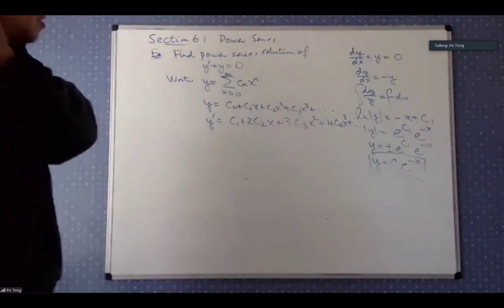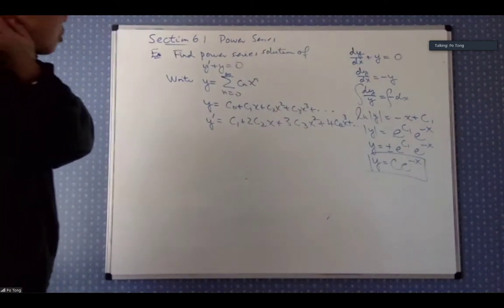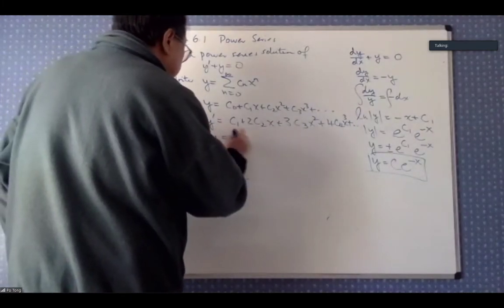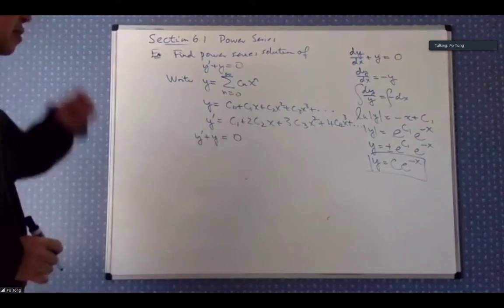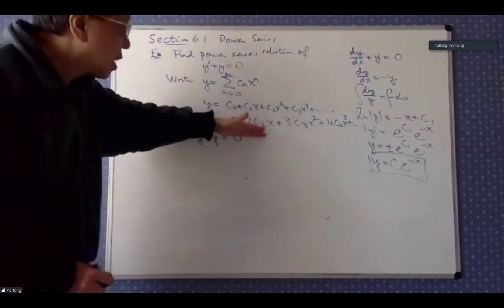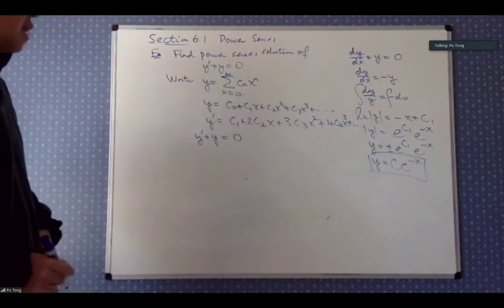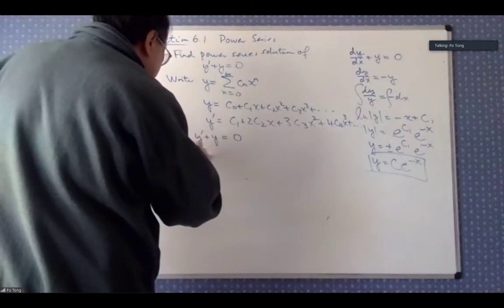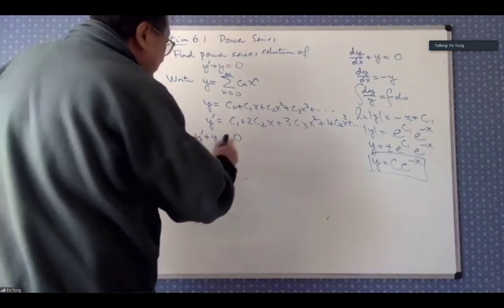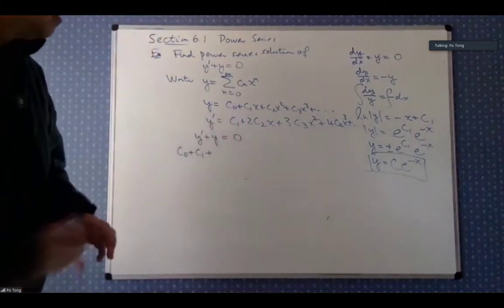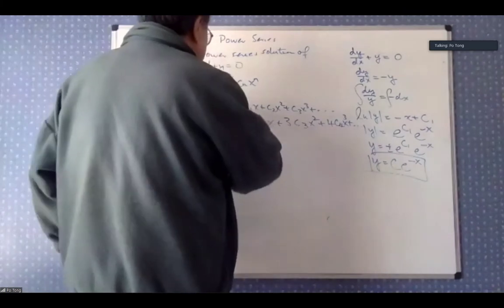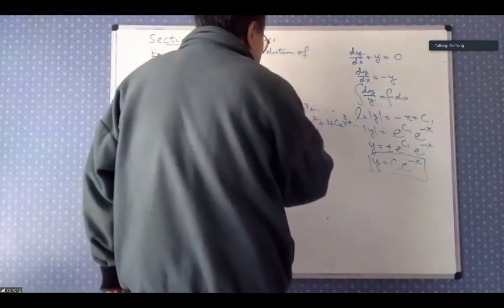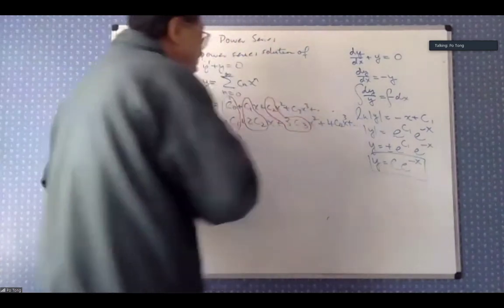Okay. So it says y prime plus y is equal to 0. That's what it says. That means this guy plus this guy should be equal to 0. So C0 plus C1 plus, when I add this, I'm just adding these terms. This is constant term, this is linear term, this is quadratic stuff, and so on.